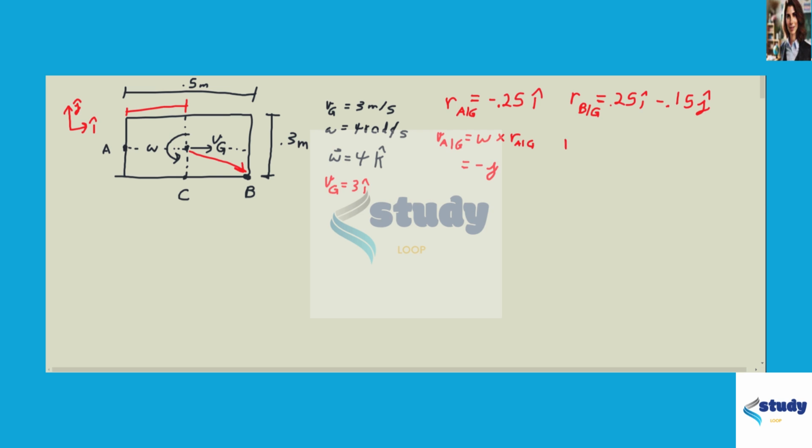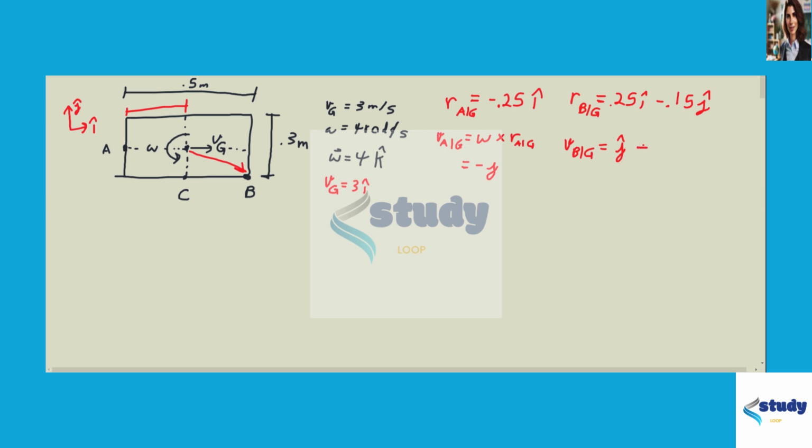We do the same thing for B. And when we do this for B, we get a positive j-hat, and then k-hat cross j-hat will give us a negative i-hat, but it's times a negative out front here.